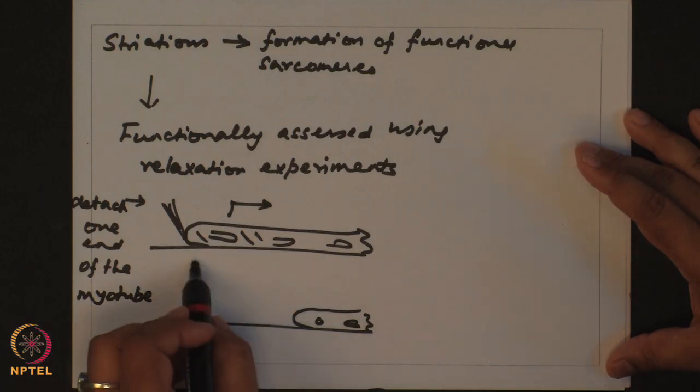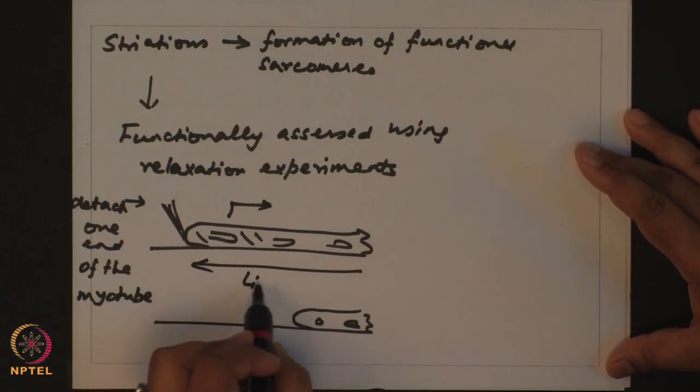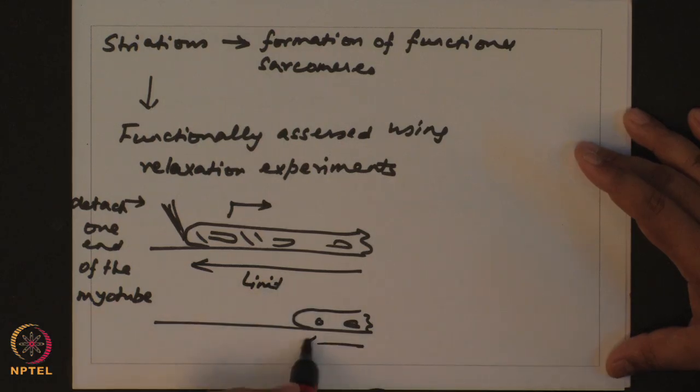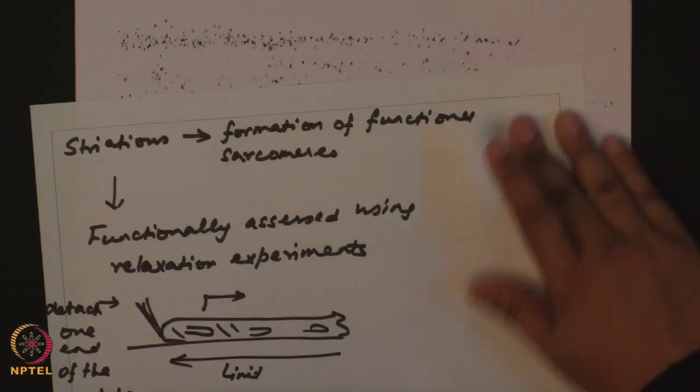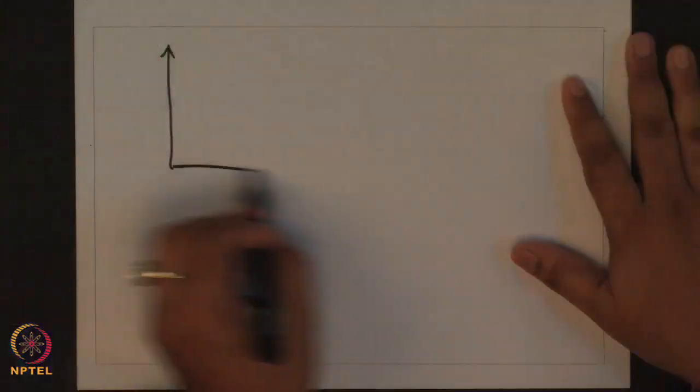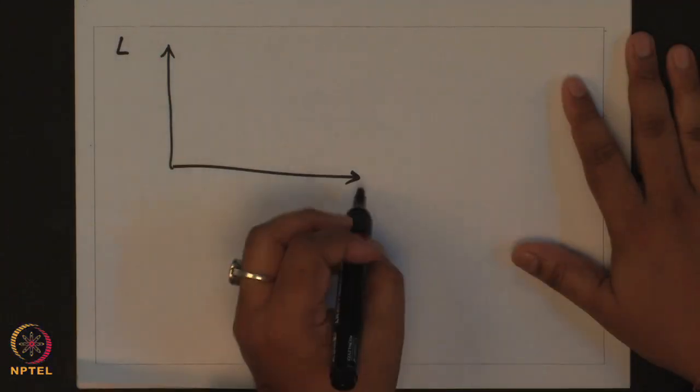Okay. So, if this was the initial length, this is some other final length, and you can track this length as a function of time. So, L as a function of time t.